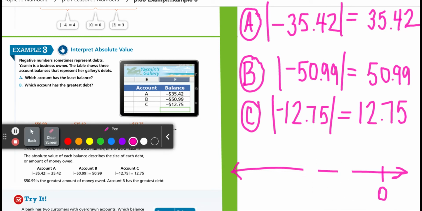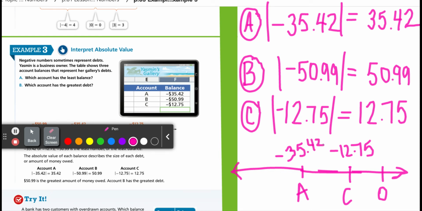So which point is going to be closest to 0? Which point should I put about here? It's going to be account C, -$12.75. What's going to be the next account? A, -$35.42.